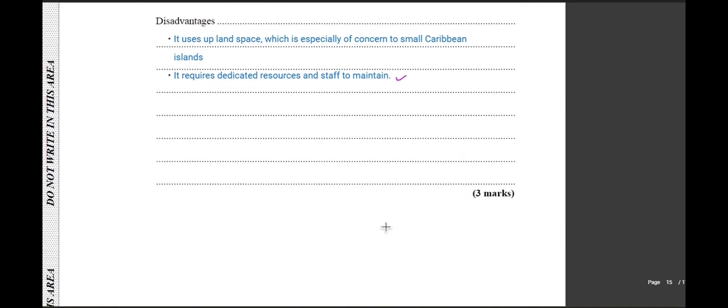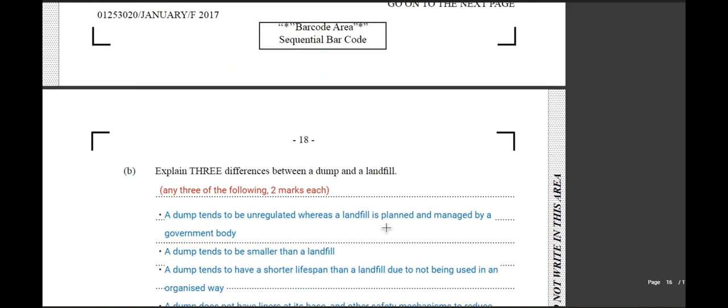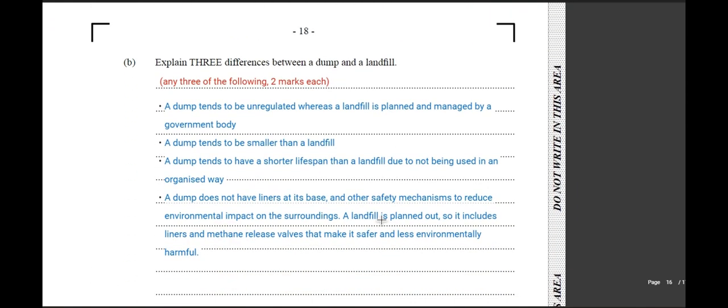Then we have three differences between them. So any three of the following. I have about 4 here, right? And again, this is your comparison question. So when you're comparing, you always compare the same features together, and you always mention the two things that you're comparing in each comparison statement.